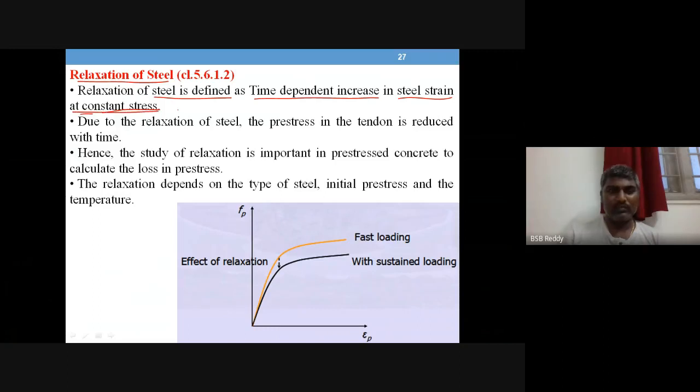How do you understand this relaxation of steel?